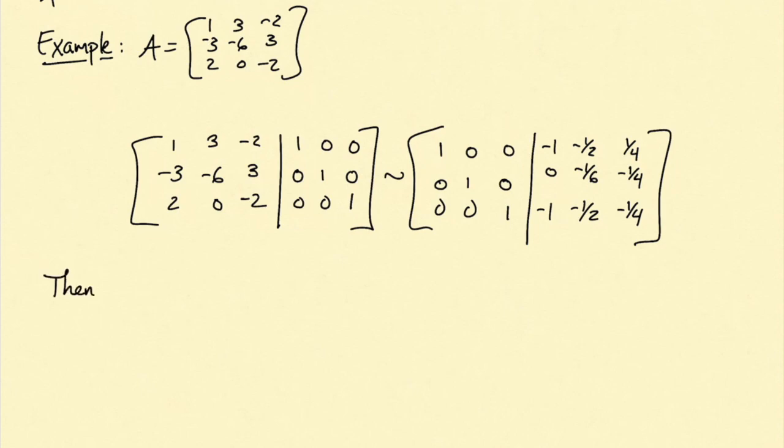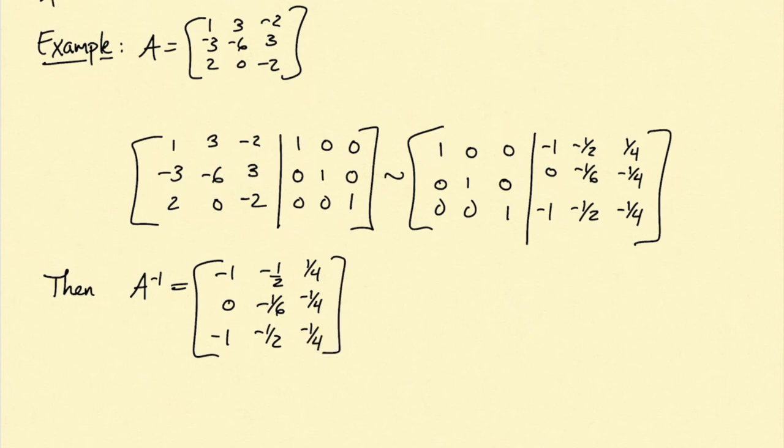The right-hand side of this, of course, gives us the columns of our matrix A inverse. And of course, you could check using Sage that if you define the matrix A and you define the matrix A inverse, if you multiply those two matrices together in either order, you will get the 3 by 3 identity matrix. And that's it. That's all you need to know about how to compute the inverse of a matrix.